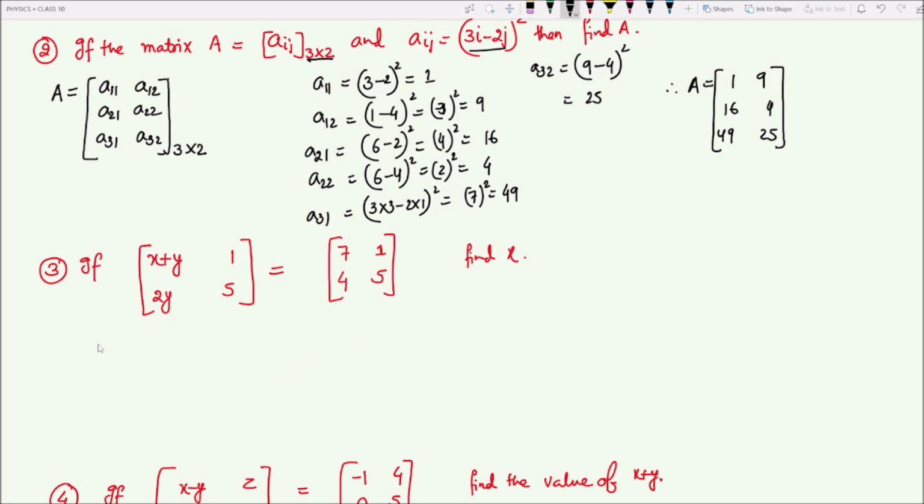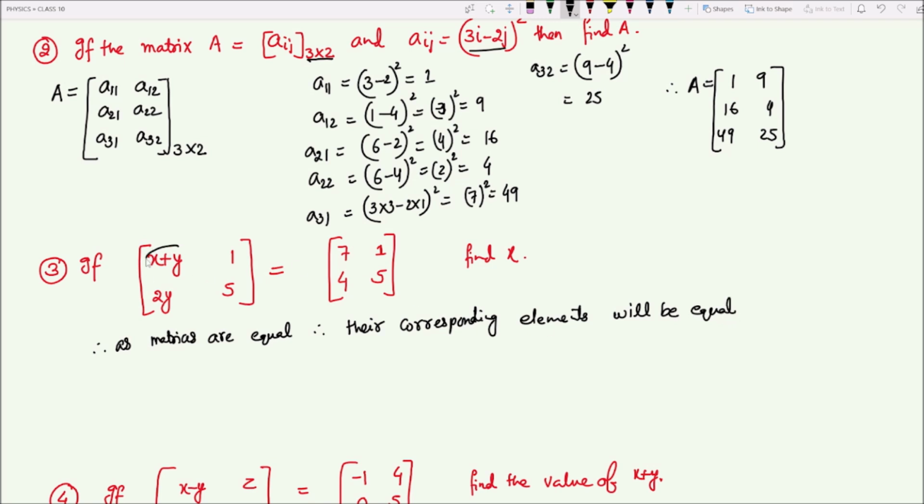Therefore, as the matrices are equal, their corresponding elements will be equal.